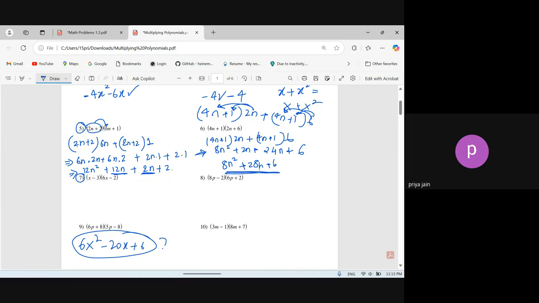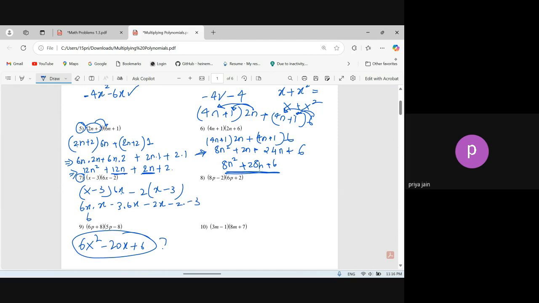So we'll have x minus 3 times 6x, minus 2 times x minus 3. Now I'll have 6 times 6x times x, minus 3 times 6x, then minus 2x, then minus 2 times minus 3.